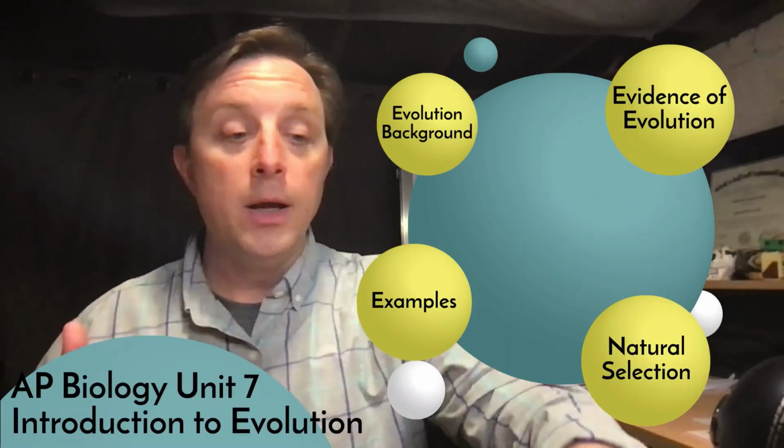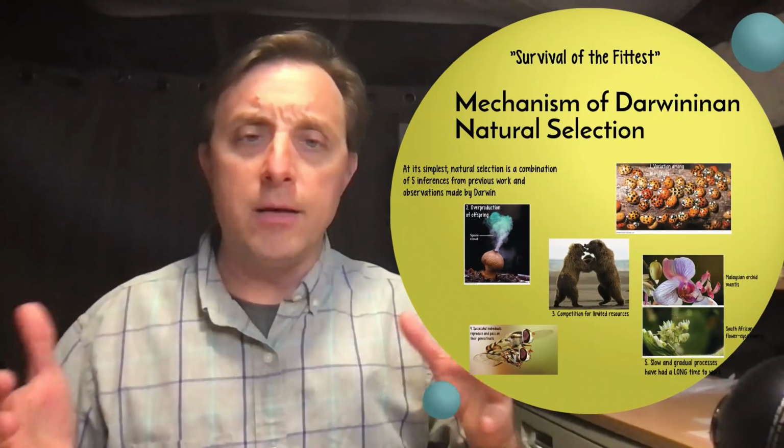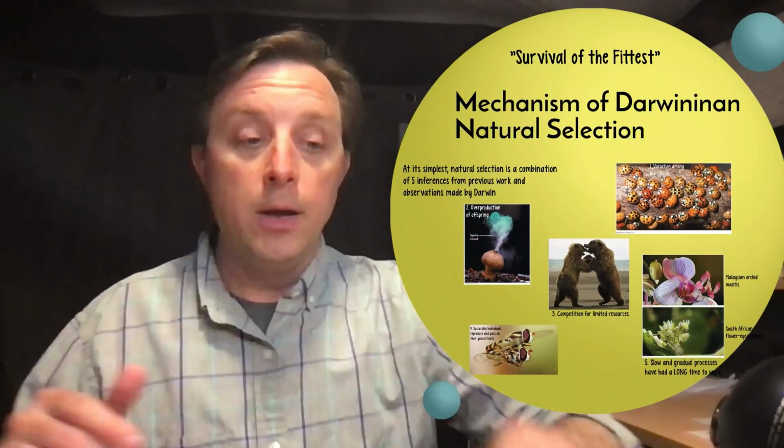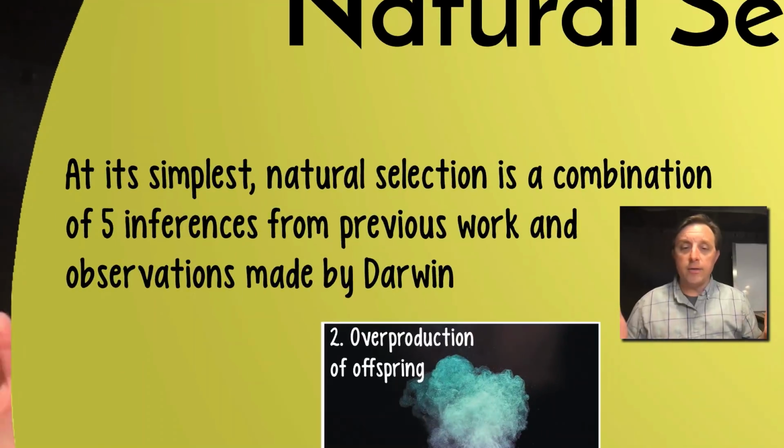But we'll just focus on Darwin. If we look at natural selection in its simplest state, there is a set of 5 inferences and observations that we can go through.